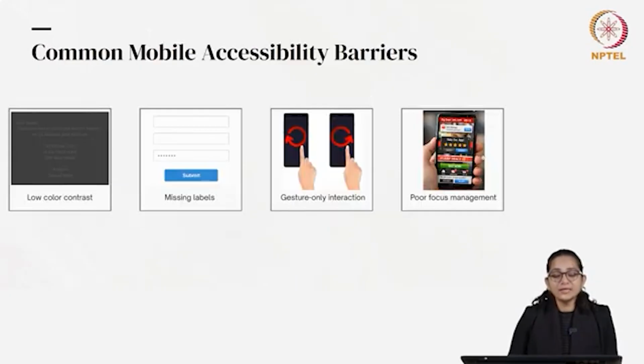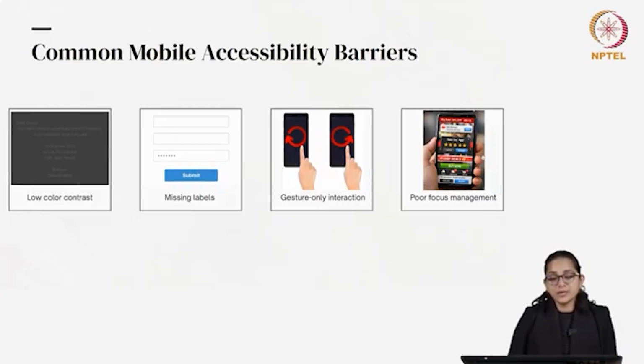Some of the commonly occurring accessibility barriers may be low color contrast, that's the most common, then missing labels, particularly in form fields, or alt text missing in buttons, etc., or gesture-only interaction, where if I want to do it through the GUI, I am not able to do it.